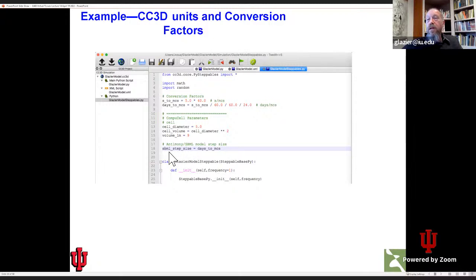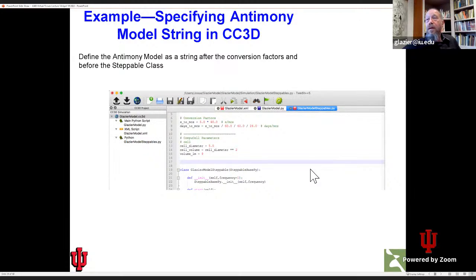So typically here you'll have something, ideally you put it at the top of your steppable so that it's available as a global. SBML step size equals some conversion factor, days to Monte Carlo steps if the units of time in the antimony model were days, minutes to Monte Carlo steps if they were minutes, seconds to Monte Carlo steps if they were seconds. But it's a good idea to have that definition somewhere so you could refer to it. Okay.